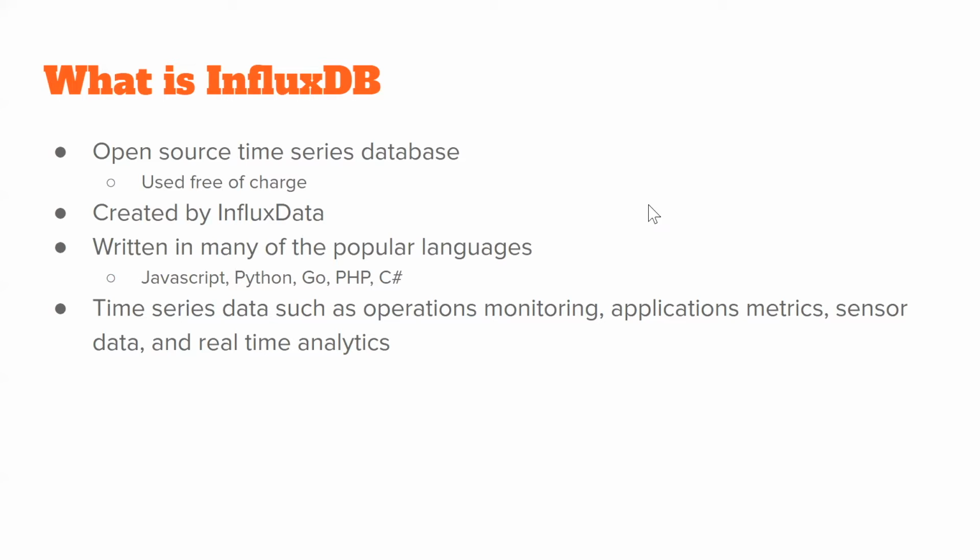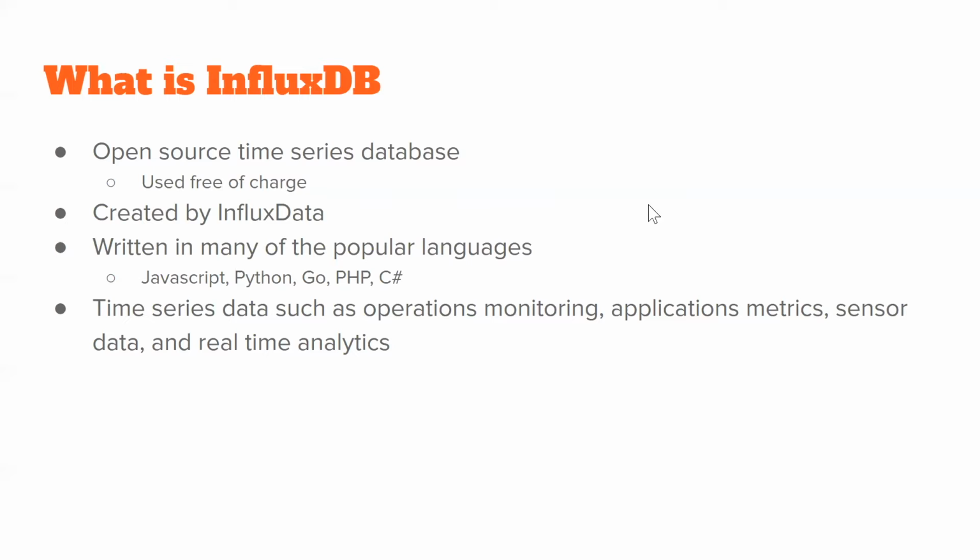So to start us off, what is InfluxDB? It's an open source time series database, which means you have open access to the original source code to view and edit however you feel, and it's used free of charge.